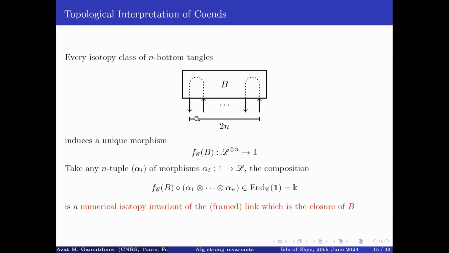While talking about tangles, imagine you have a surgery link, like for lens space a chain link, and then we are going to cut every component of the link. And then we're going to pull all strands of each link component down, and this way you get a bottom tangle.